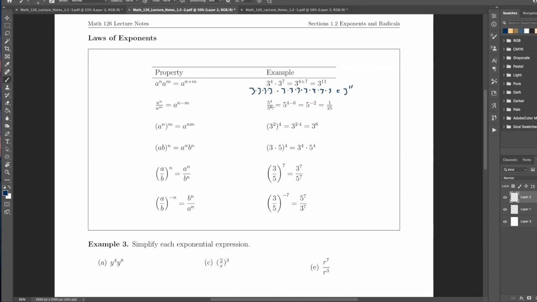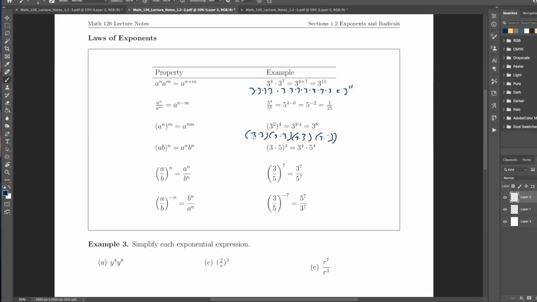Same thing happens here. Here, if I have 5 to the 6, I can cancel out 5 of them. I don't know if I'll do all of them. Here, I'll do this one. Here, if I have 3 squared to the 4th, I'll have 3 times 3 times 3 times 3 times 3 times 3 times 3 times 3.